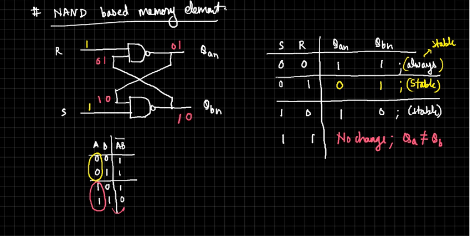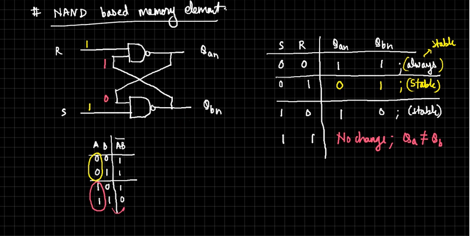Example, see here, when it is 1 1. Don't get confused, look here. What I am saying is, assume the case when QA and QB are different, opposite, I mean 1 or 0. Let us assume this will be 1 and that will be 0. Now 1 1, you tell me.